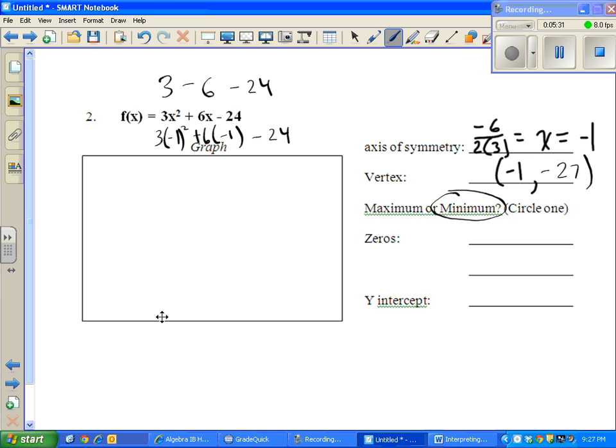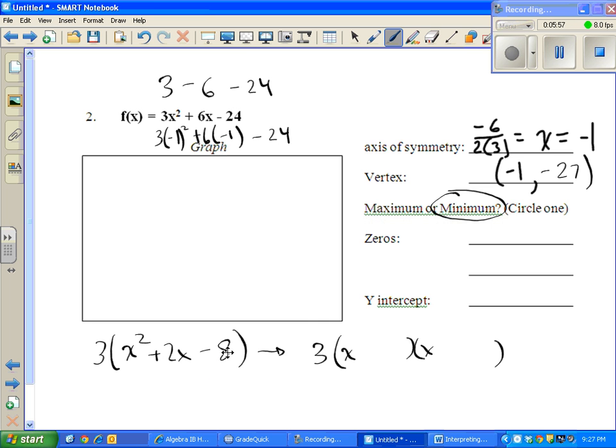Zeros. Let's check if it factors. Bring out the 3, and we get a much simpler quadratic. Does this factor? Find two numbers that multiply to negative 8 and add up to 2. What are those two numbers? Let you think about it while I write this in.